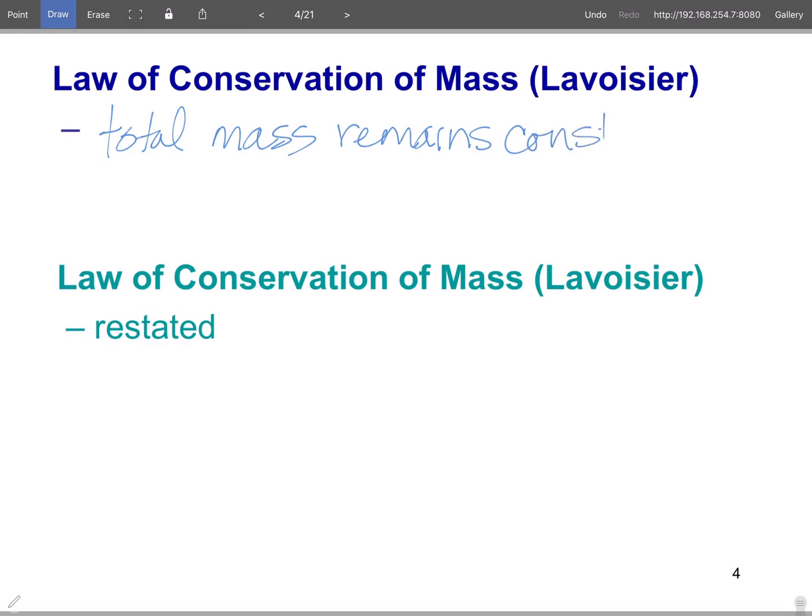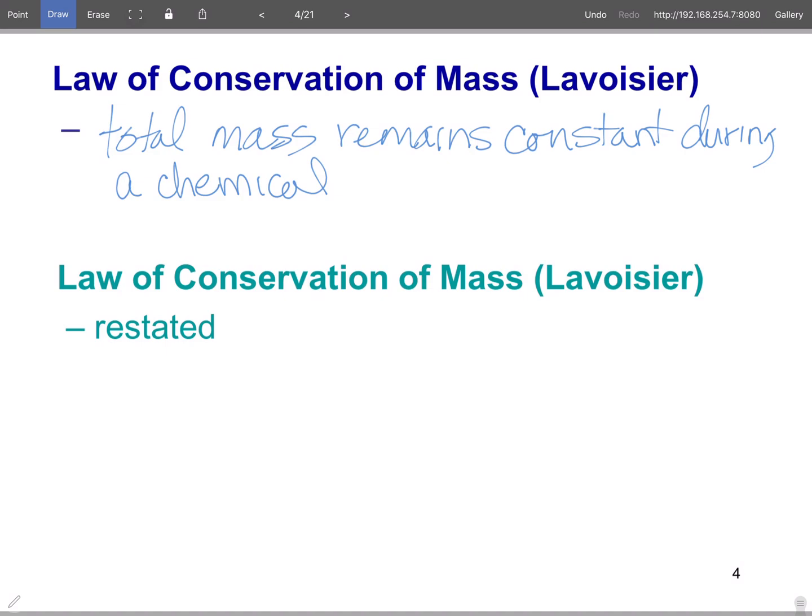Where does it remain constant? During a chemical reaction. So when you start, if you have a particular mass, like 220 grams, then when you're done, you may have different species, but you still end up with 220 grams. So the matter stays constant.